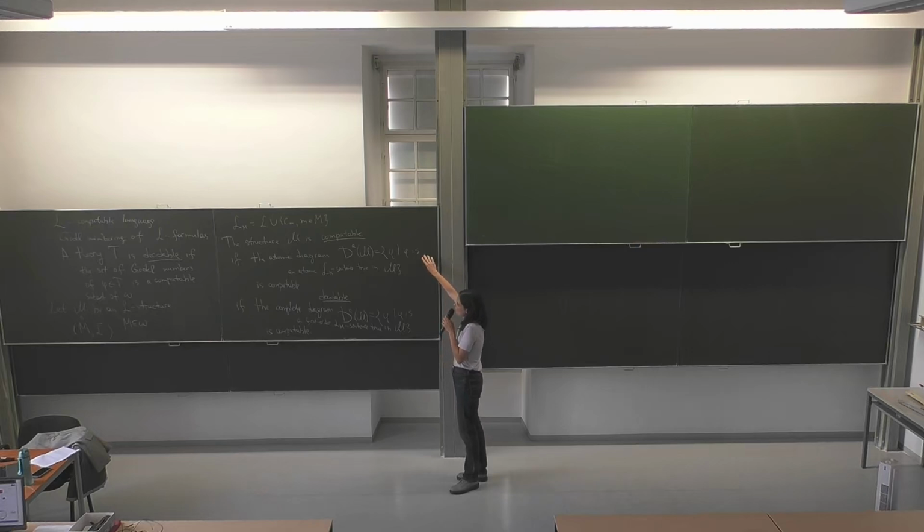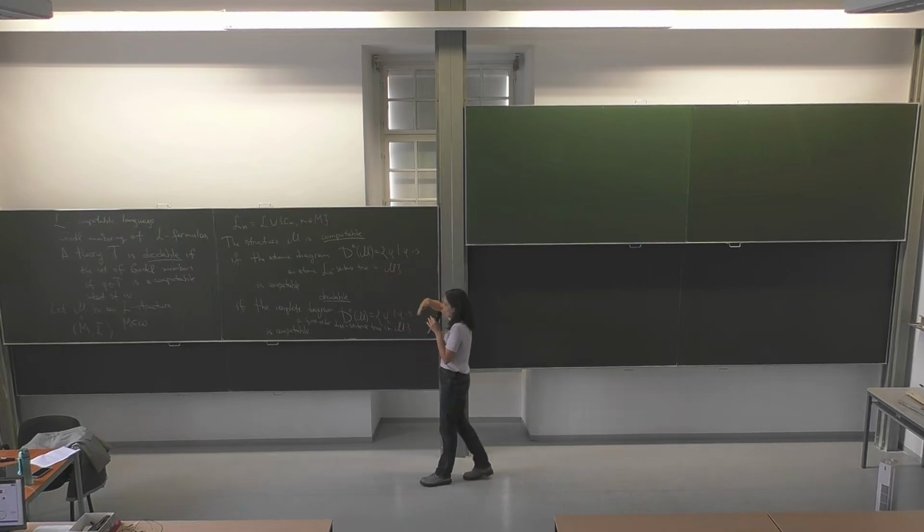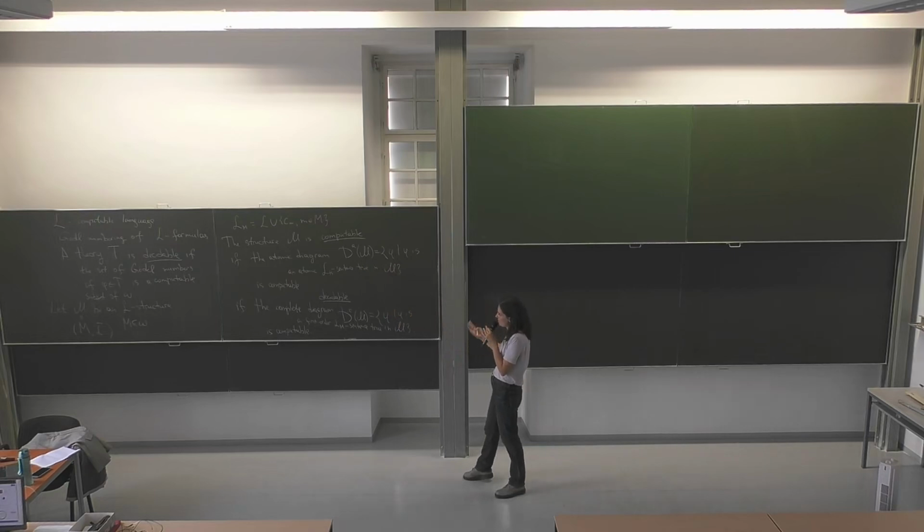Here we look at the structure M, and we take an arbitrary sentence, possibly with constants from the structure. And we look at the set of those sentences.